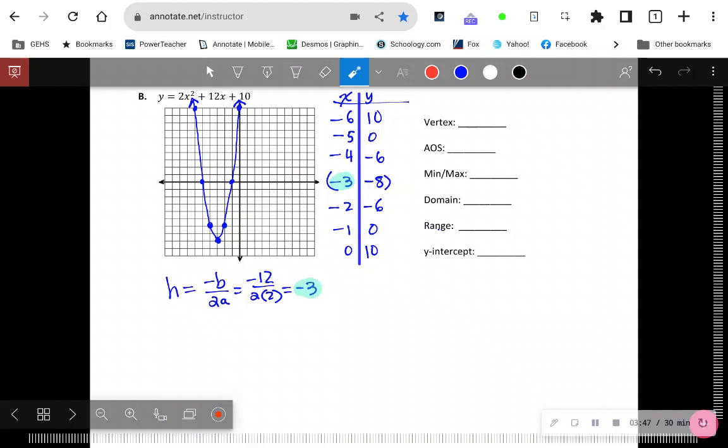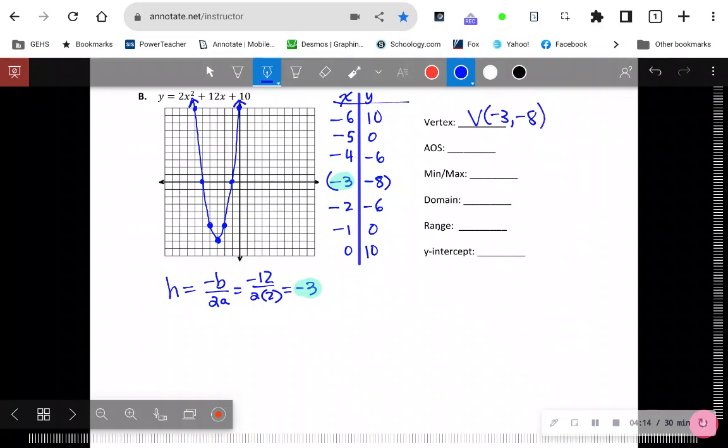Then you go 3 to the right of negative 3 and 3 to the left of negative 3, and go to your y equals key and key that in and go to your table of values to get these. You can graph it, and then you can answer all these questions over here on the side. The vertex is at negative 3, negative 8.